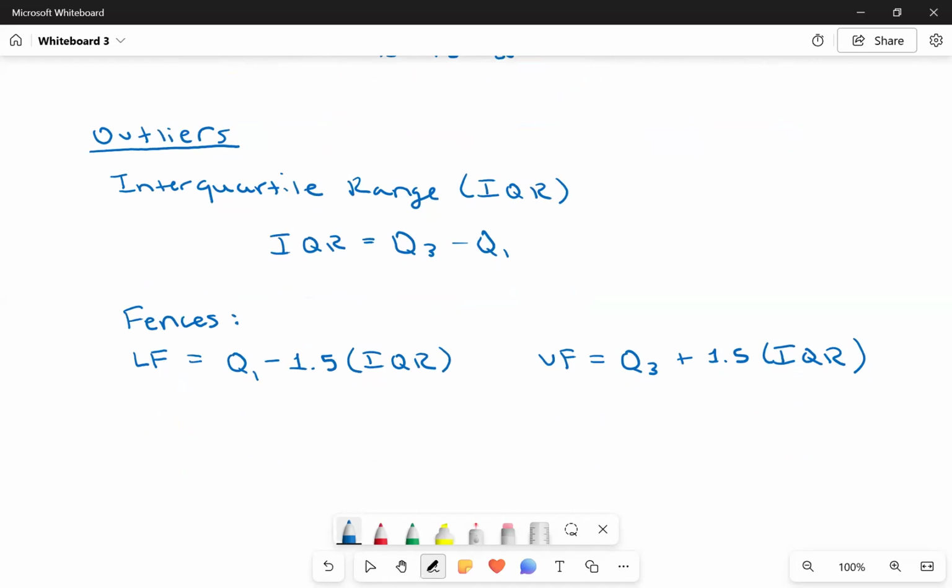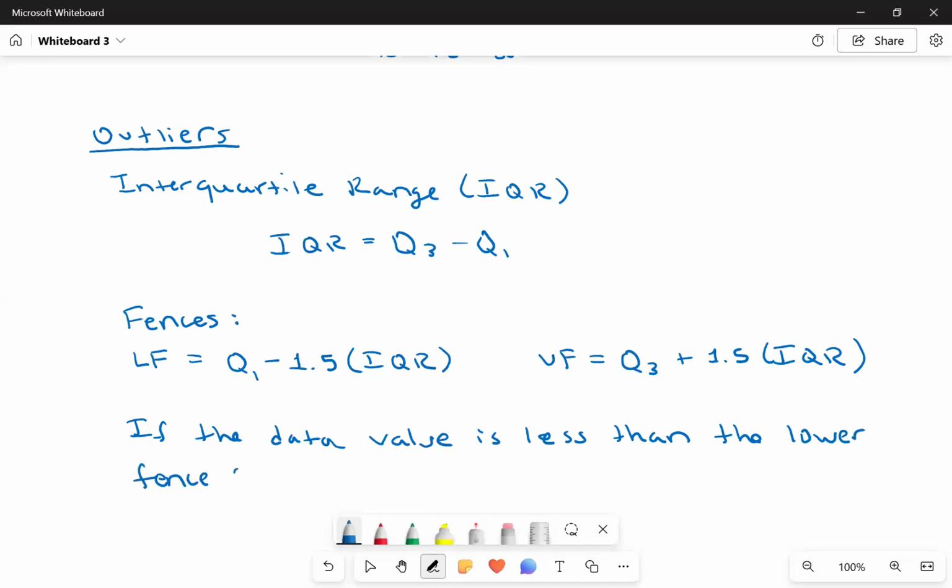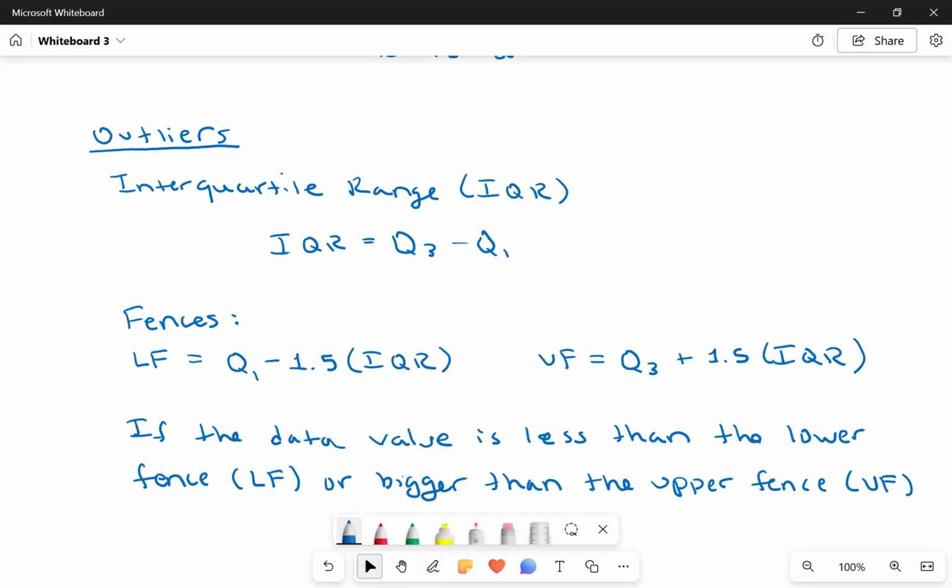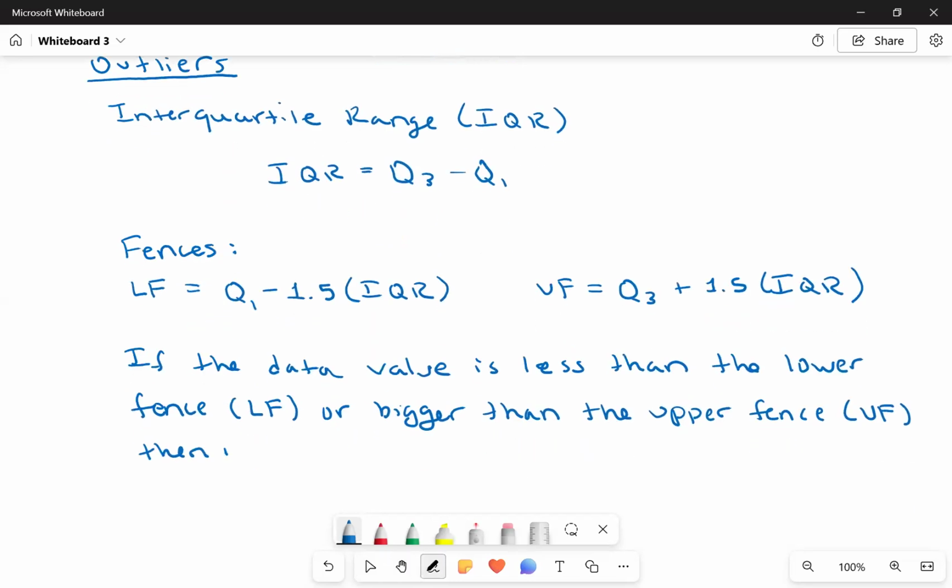Okay, now here's how we find the outlier. If the data value, sorry, my computer's being a little bit sluggish here, if the data value is less than the lower fence, which we used LF, or bigger than the upper fence, which we used UF, then it is an outlier.